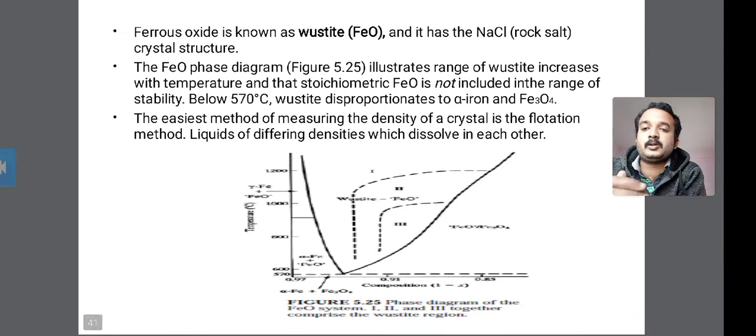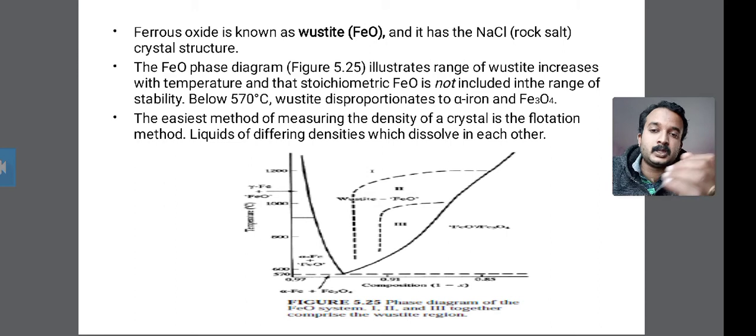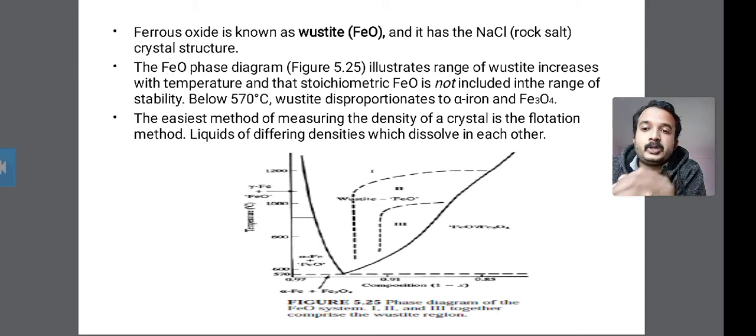The easiest method of measuring the density of the crystal is the flotation method, in this non-stoichiometry of the oostide. The flotation method is the easiest method for measuring the density of the crystal.